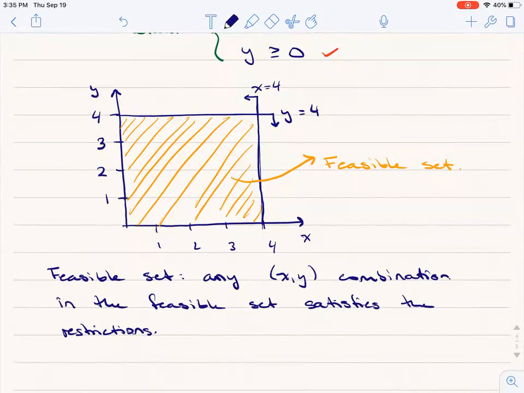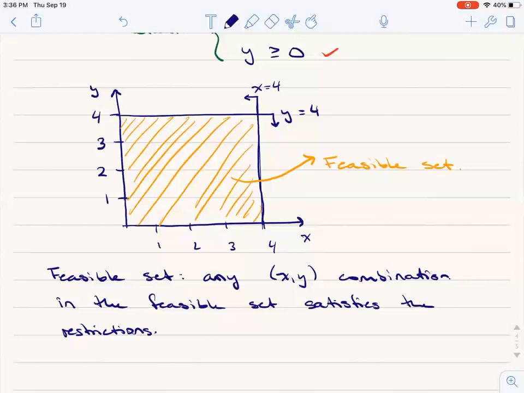And as a fact, and what's really kind of cool, is that the profit will be maximized, right? So you'll still get profit at any point in here, right? But the profit will be maximized at one of the points of intersection, right? This is a point of intersection. This is a point of intersection. This is a point of intersection. And this is a point of intersection, right? All those points satisfy the restrictions, but just as a fact, the profit is maximized at one of those points.